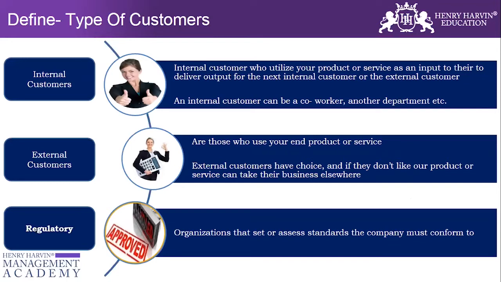Internal customers are the ones who are using a product or service as an input to their delivered output for the next internal customer or the external customer. An internal customer can be a co-worker, people from another department. So for example, you're part of operations, people from finance, marketing, sales, HR, etc.